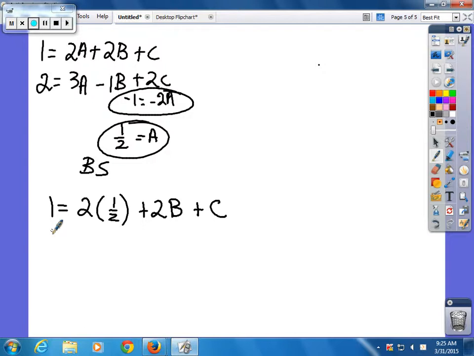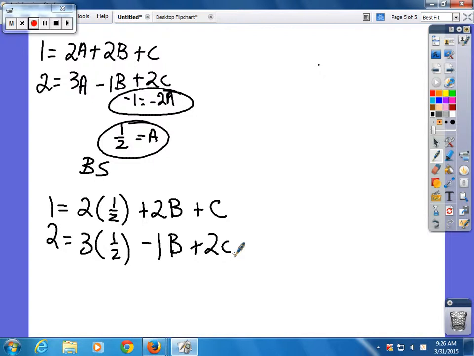To be or not to be? That is the question. Now 2 is equal to 3 times 1/2 minus 1B plus 2C.